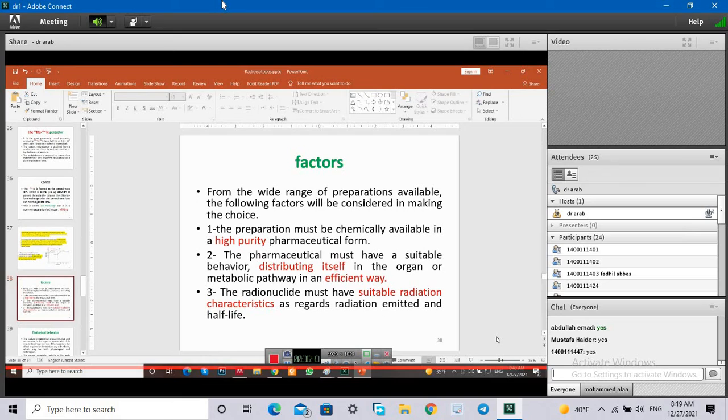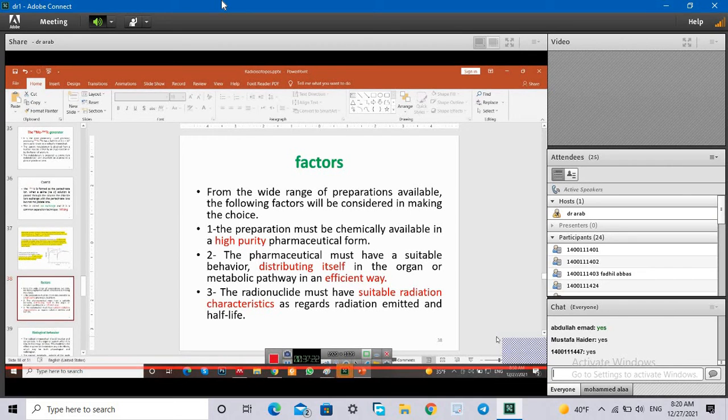The other properties that artificial radionuclides should have to be used as radiodrugs relate to pharmaceutical behavior. They should have suitable pharmaceutical behavior and be able to distribute in the organ or metabolic pathway in an efficient way.